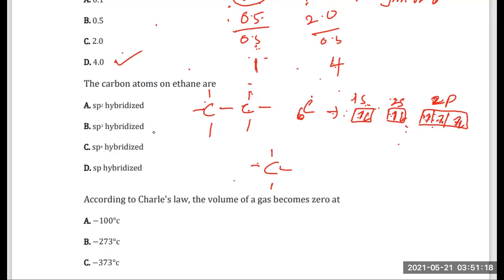So basically, we are saying that an s orbital is involved and 3 of the p orbitals are involved. So this makes it sp3 hybridized. An alkene would be sp2 hybridized, while an alkyne would be sp hybridized.